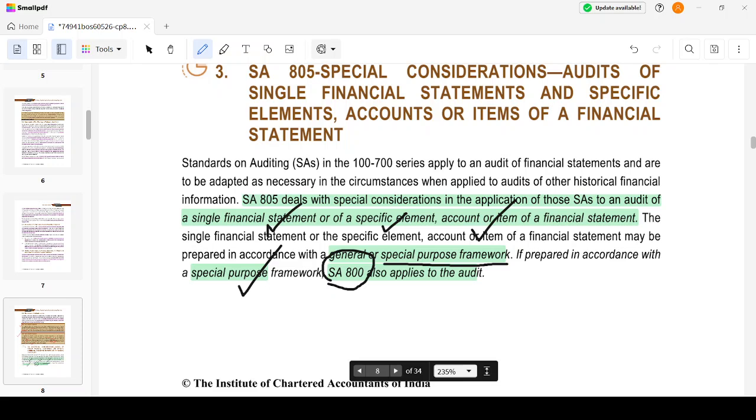My financial statement could be prepared under either a general purpose framework or a special purpose framework. In either case, SA 805 will be applicable. If it is a general purpose framework, all the other related SAs and SA 805 will be applicable. If it is prepared in accordance with a special purpose framework, then SA 800 and SA 805 will be applicable. That's what I highlighted here. Now let's move on.